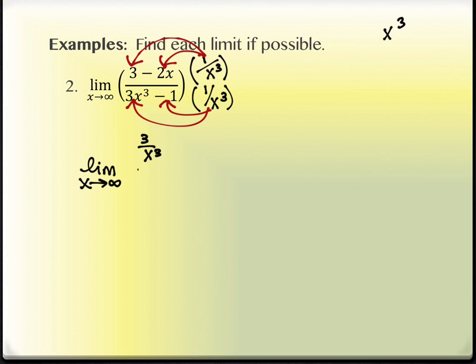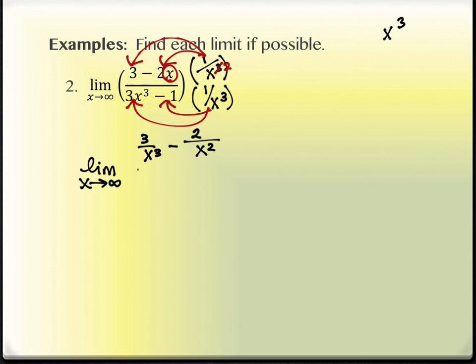And I'm going to distribute the 1 over x cubed to the 2x. If you need to write it down as 2x over x cubed and then simplify it, please do. If you don't, because you see that one of those x's is going to cancel anyway to give you 2 over x squared, then you can do that. So this x is going to cancel with one of these, leaving me with a 2 over x squared when I distribute it there.